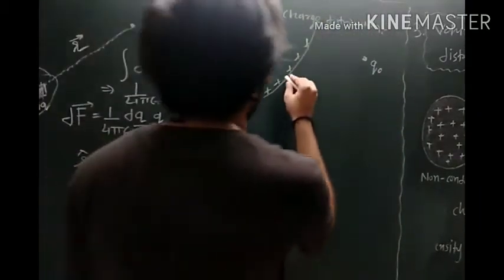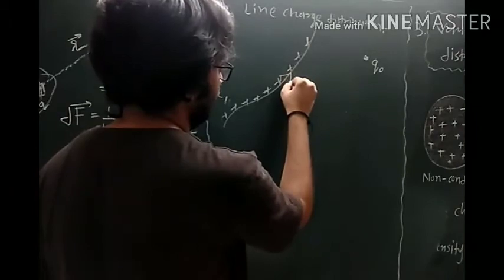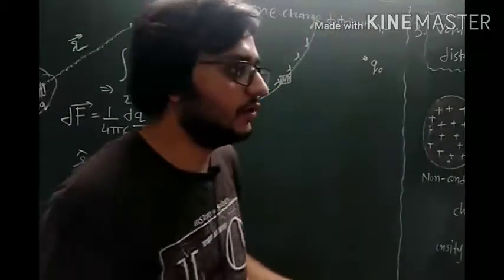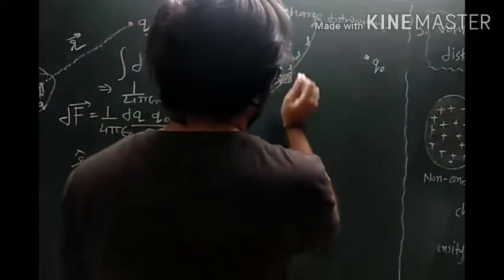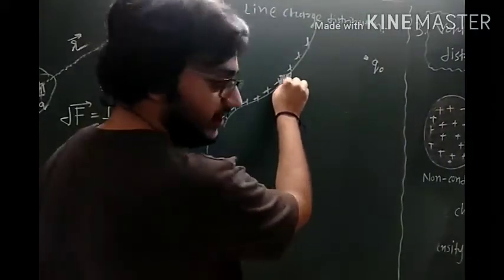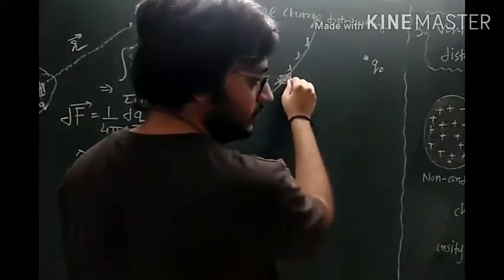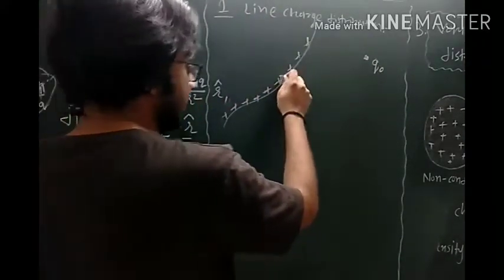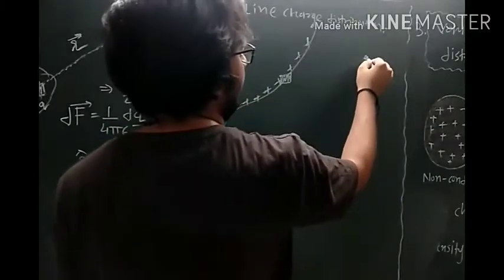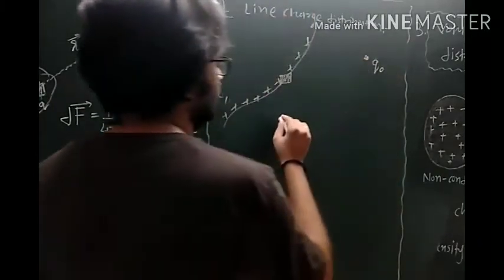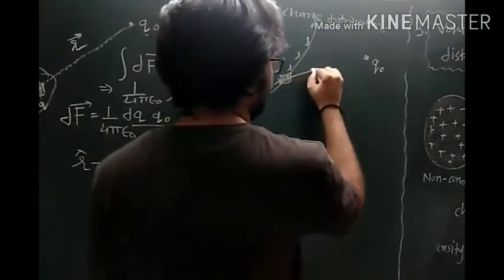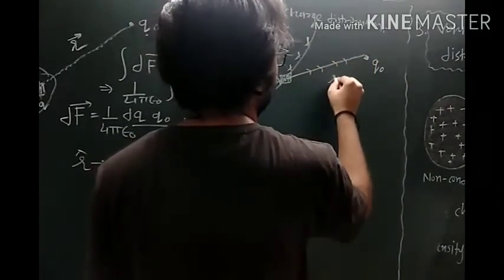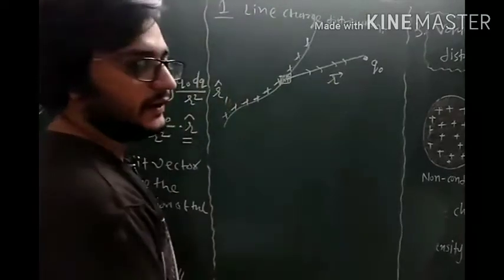Now we take a small region which is very small. So we take a point here. Due to this region we want to find out the electric force on charge q naught. So we can join these two, which defines the r vector.